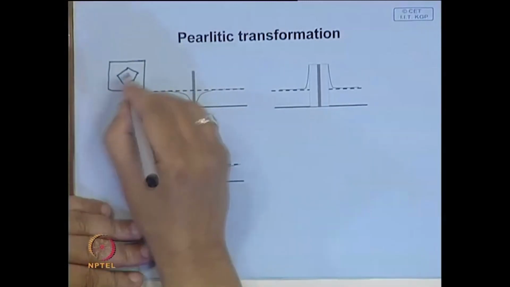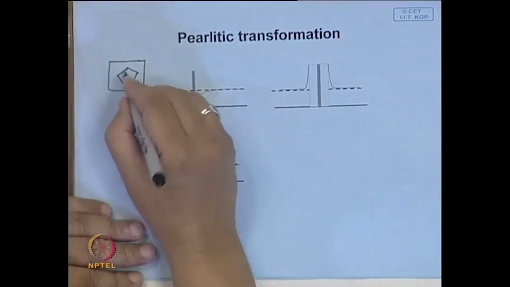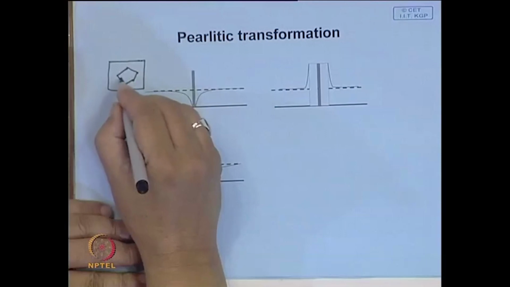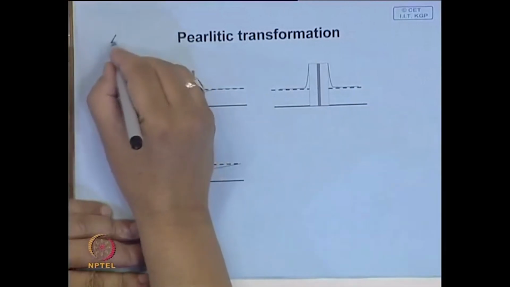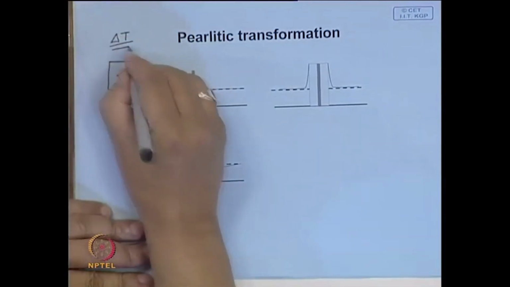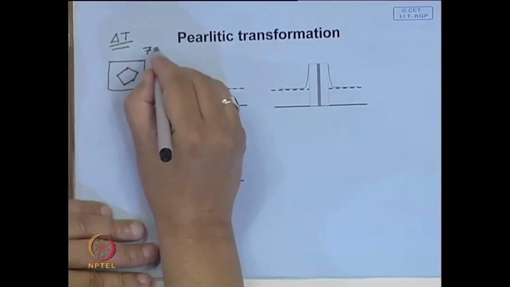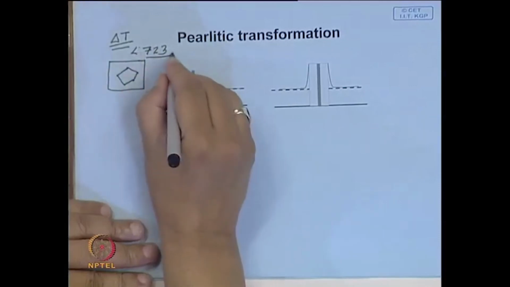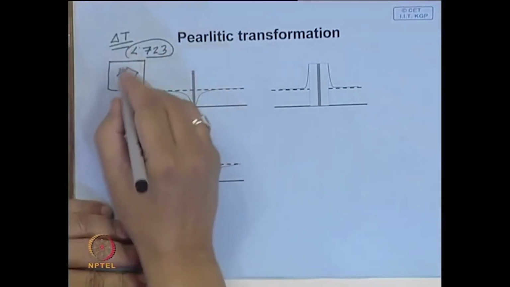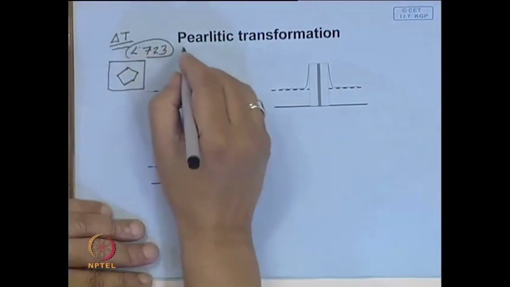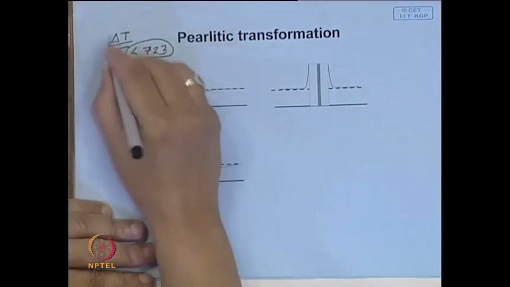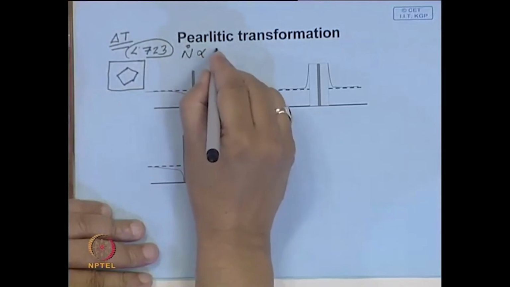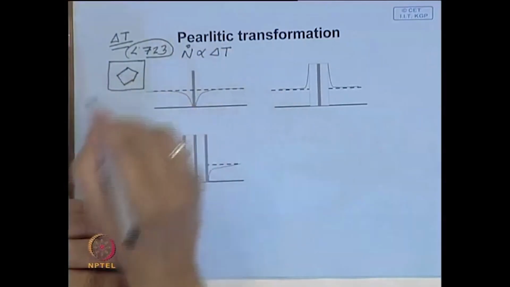How does this pearlite form? For pearlite to form, you have to give a certain amount of undercooling, that is, delta T. So, you have to keep this steel at a temperature lower than 723 degrees centigrade. And here the nucleation rate is proportional to delta T.